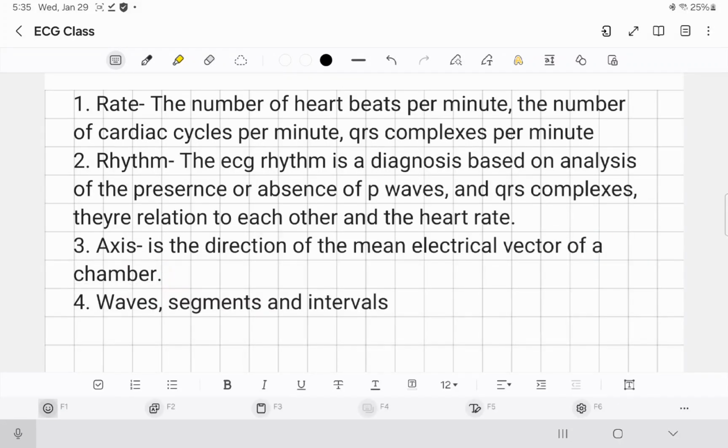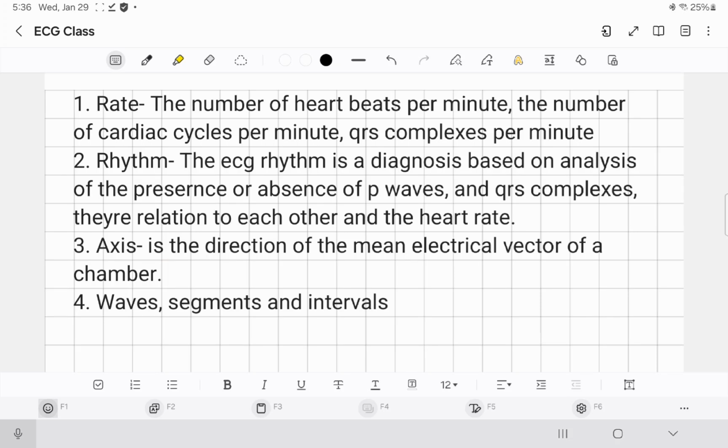So you can have a P wave axis, or you can have a QRS axis, right? Or an atrial axis or a ventricular axis, right? But most of the time when we're talking about the axis of the heart, we're making reference to the ventricular depolarization, so the QRS axis, right?